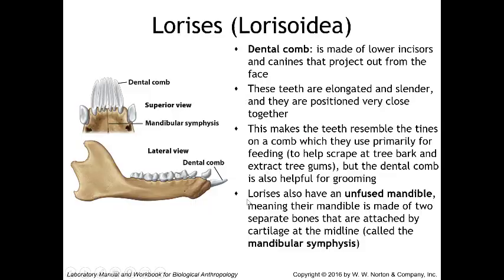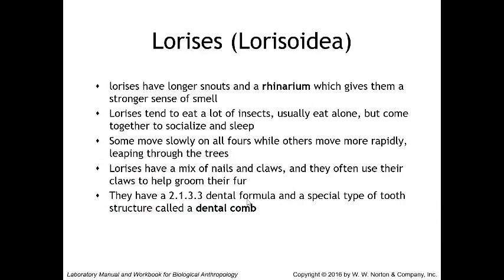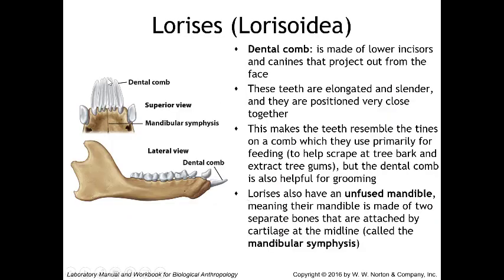And what this has to do, and I'm going to go back here, is the quadrant of the teeth. So this would be considered one quadrant, and this is the second quadrant. So here we have 2 incisors, and it's hard to see, 1 canine, right, and a premolar here.